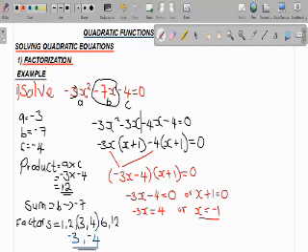So x is negative 1, the first one. For the second one, to remain with x, we divide both sides by negative 3, so negative 3 cancels. After that, we remain with x is equal to negative 4 over 3.